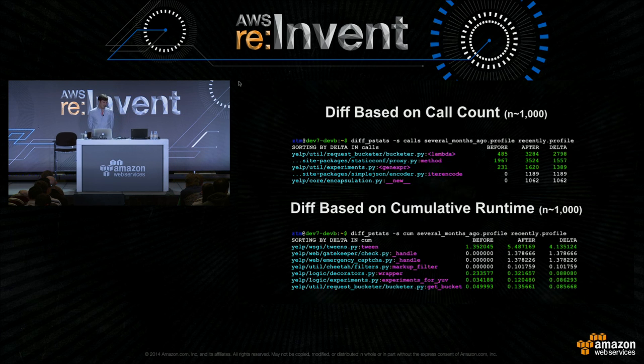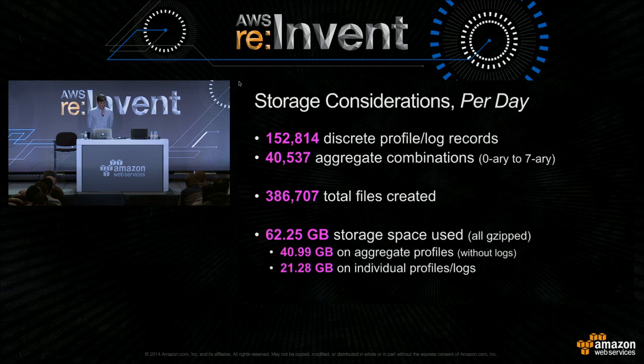But just like every good thing, every nice hedgehog, rent needs to be paid for the hedgehog, right? And at least the way we do it now, rent on profiling at Yelp isn't cheap. These are per day. We generate, on this day, and this number is actually a little outdated, on this day we profiled 152,000 and change discrete web requests.